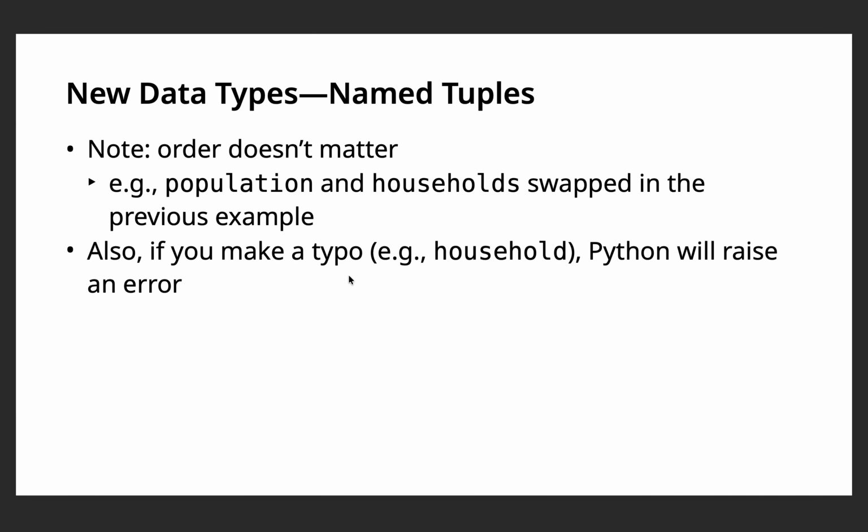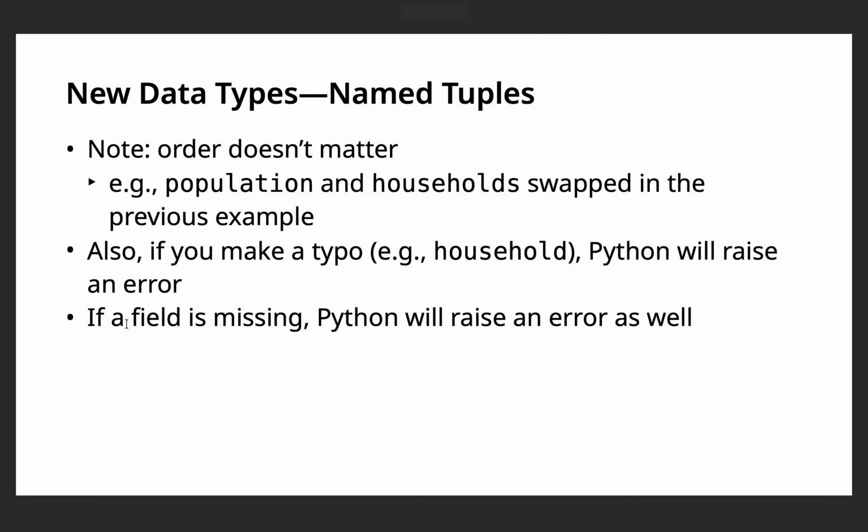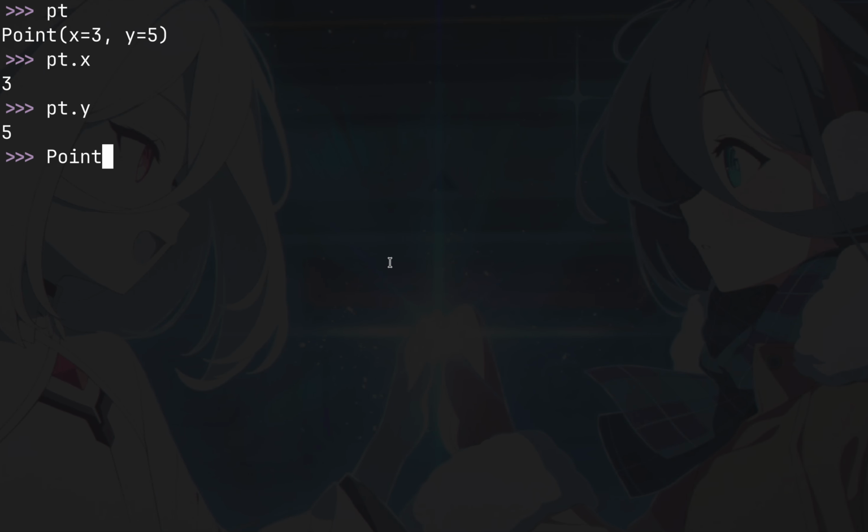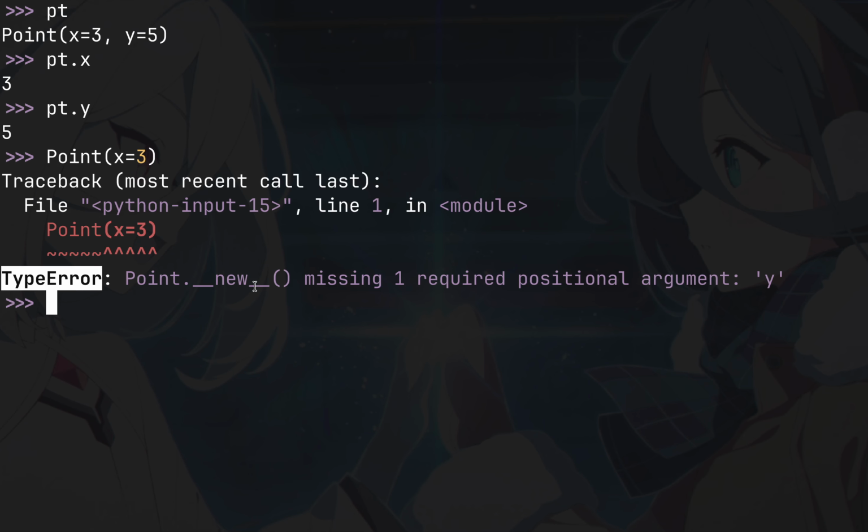And if you make a typo, or if you miss a field, then Python will raise an error. So let's demonstrate this using the Point type. If I don't write out the value of y, I will get a TypeError over here. So here it's saying that it expects a corresponding value for y, but we didn't specify one. So now your attributes have to be complete.